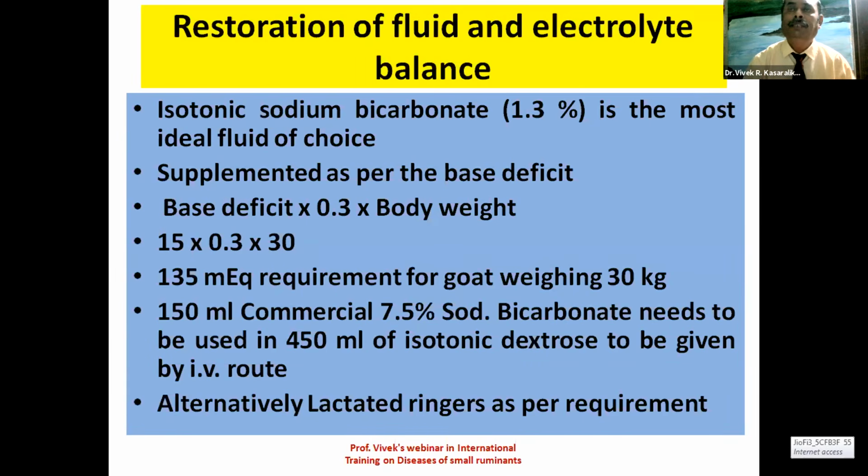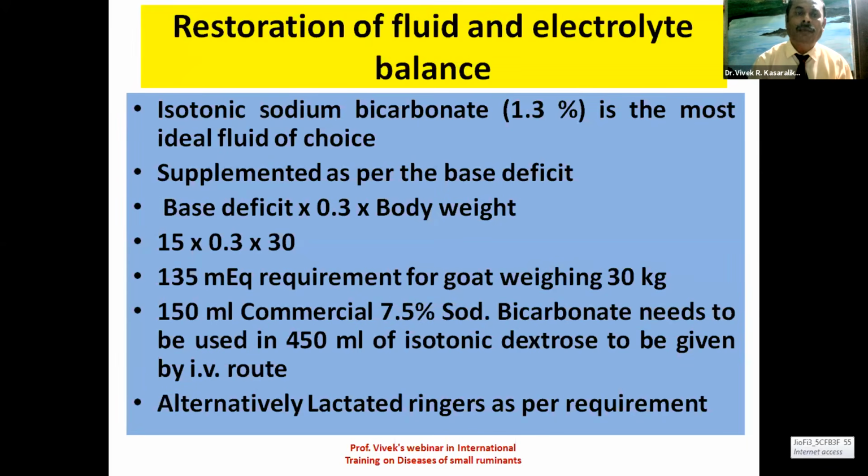When the animal is suffering from more than 8 to 10% dehydration, there is a 15 milliequivalent deficit. 15 milliequivalent deficit means the normal bicarbonate level in the plasma is around 25 milliequivalent, it has dropped to 10 milliequivalent, and you have to compensate this 15 milliequivalent base deficit. So that 15 figure indicates the bicarbonate deficit, multiplied by 0.3, which is the standard factor in the formula, and 30 is the body weight of the animal.